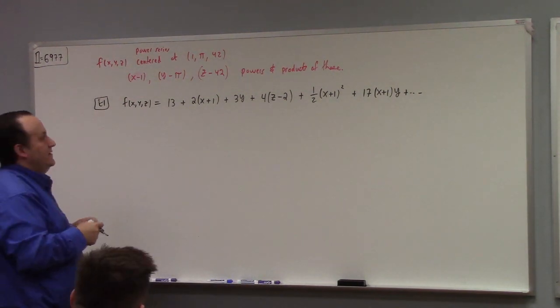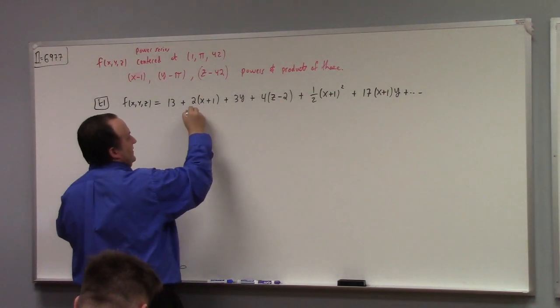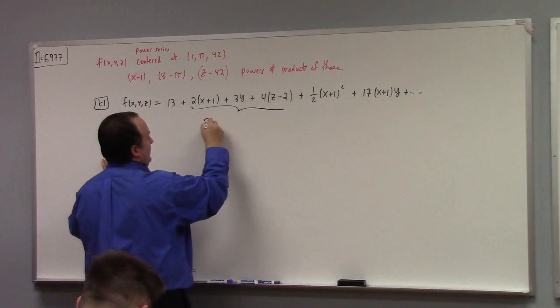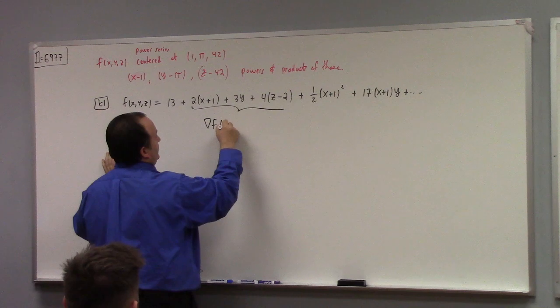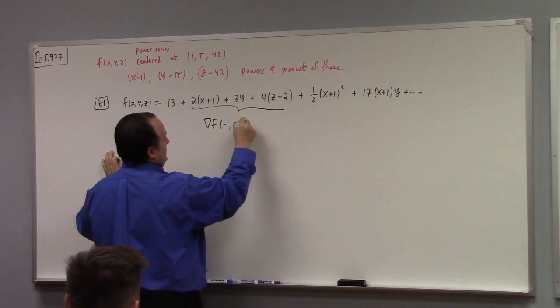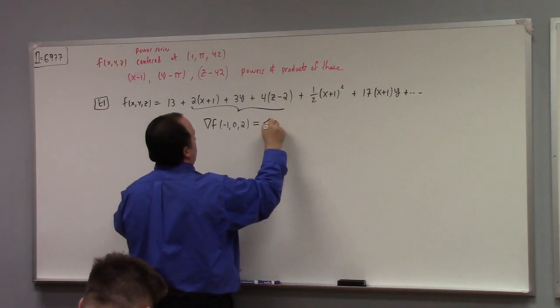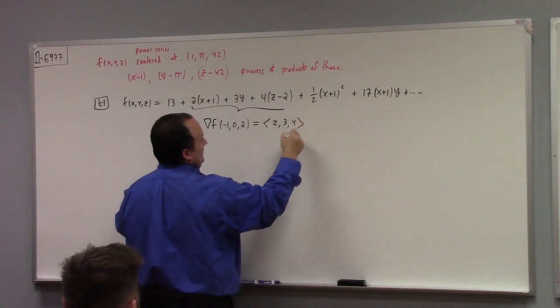Like I can tell you from looking at these three that the gradient of f at the point (minus 1, 0, 2) is equal to (2, 3, 4).